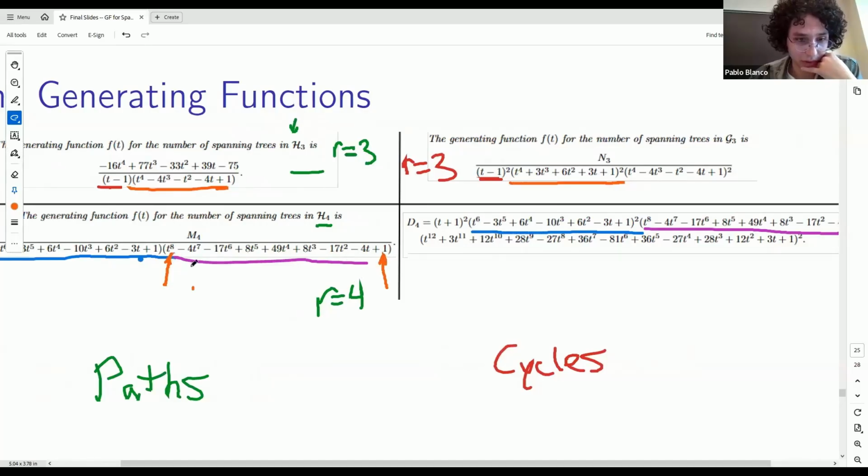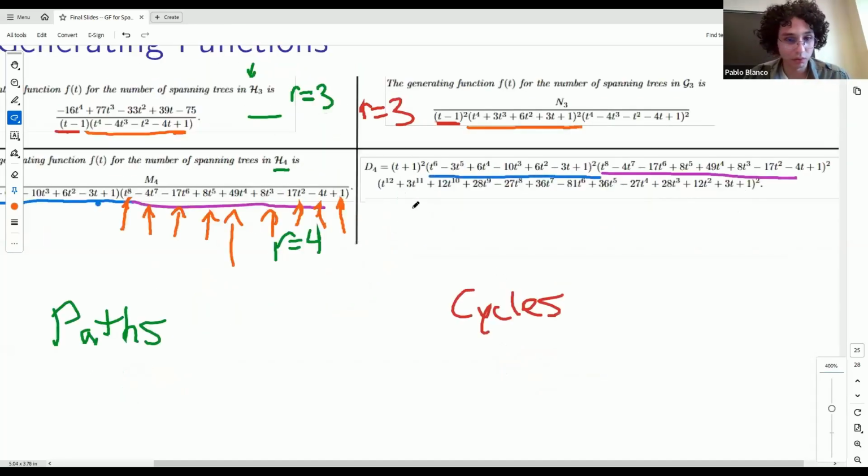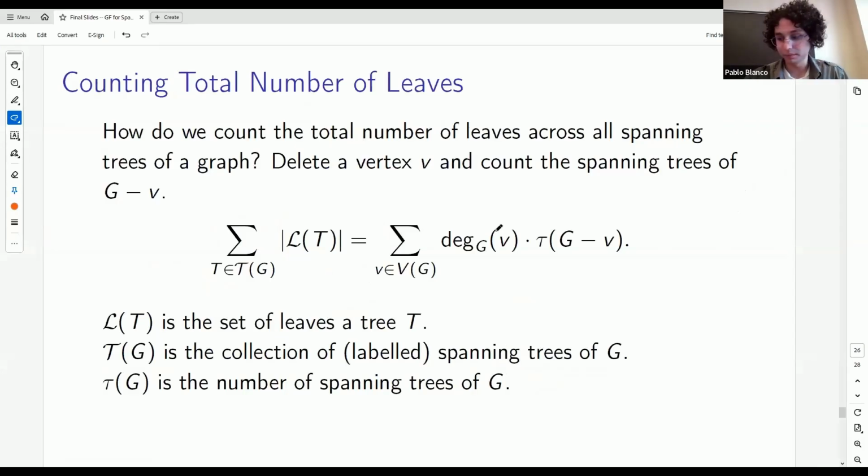So here the coefficients are 1, -4, -17, -17, 8, 8, 49. A little unusual. Same with the cycles, all of them have this property, their factors. I think I'm running out of time.